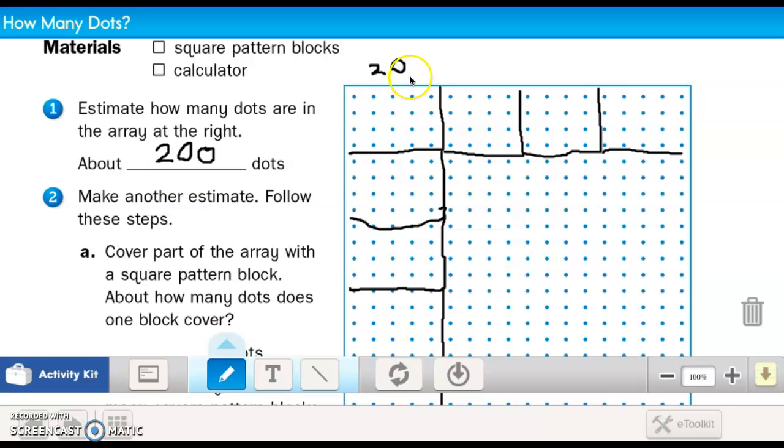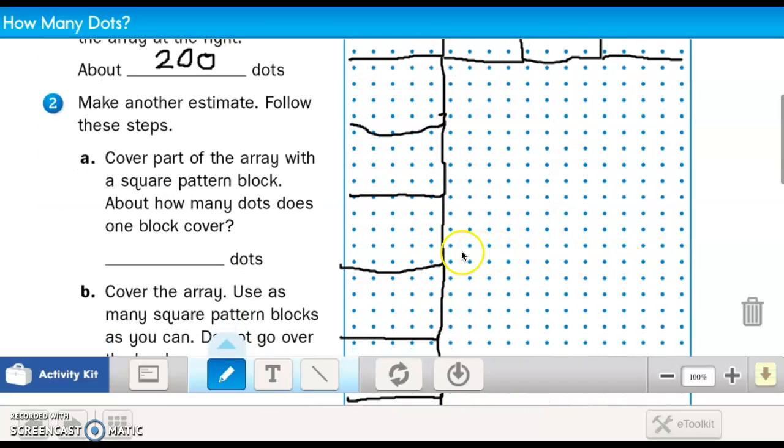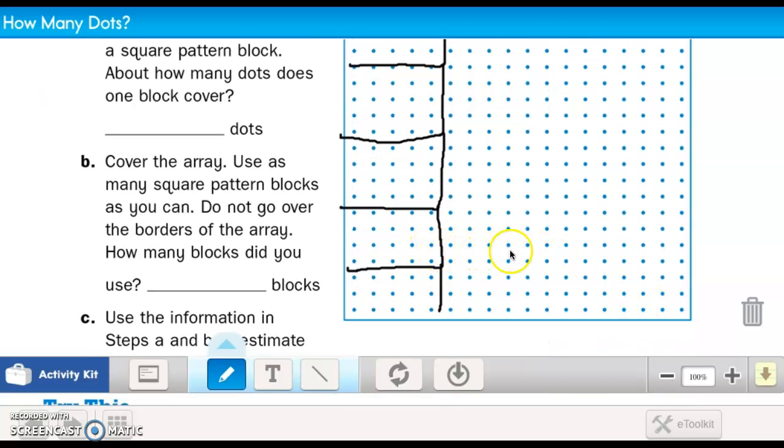So I would say you would count by twos, because 20, 2, 4, 6, 8, 10, 12, 14, 16, 18, 20, 22, 24, 26, 28, 30, 32, 34, 36, 38, 40, 42, 44, 46, 48, 50, 52, 54, 56.